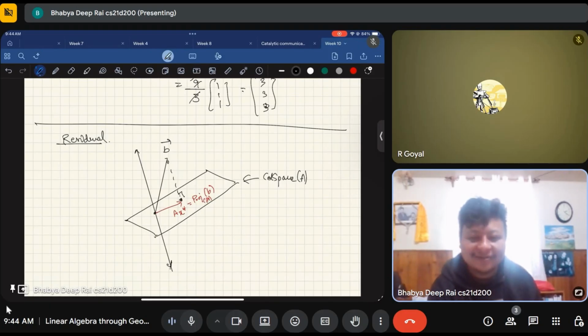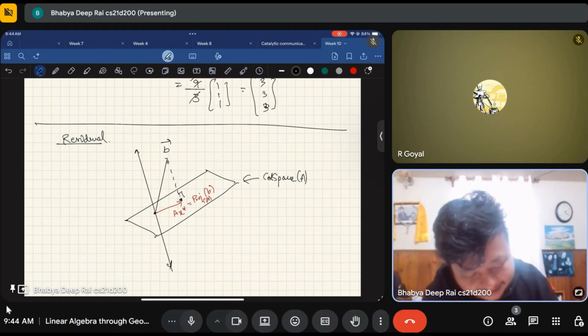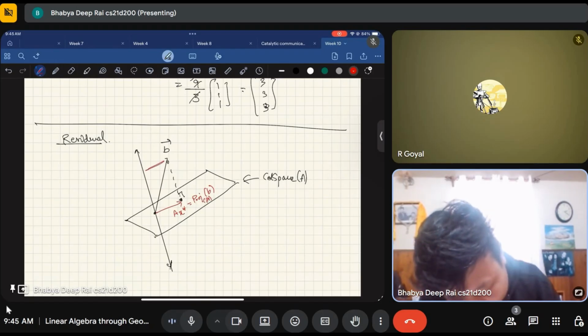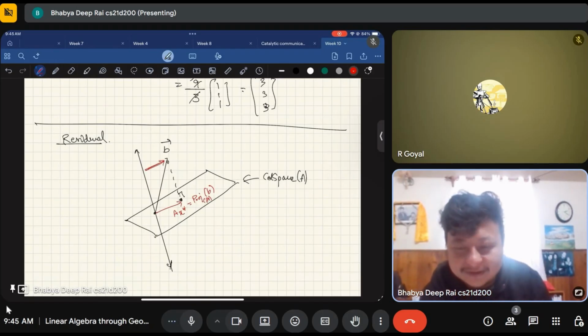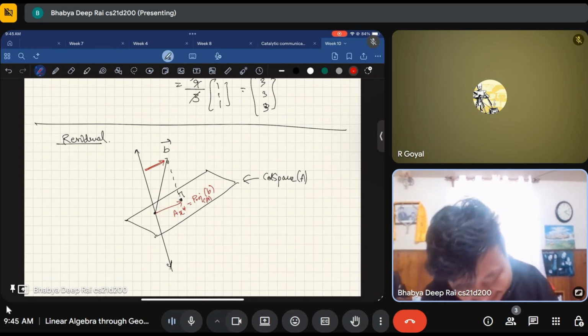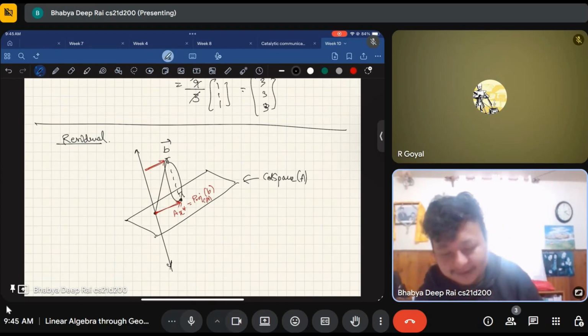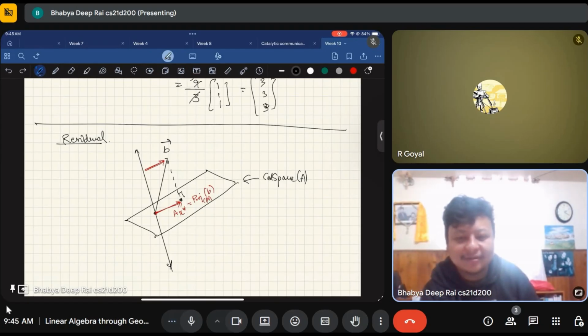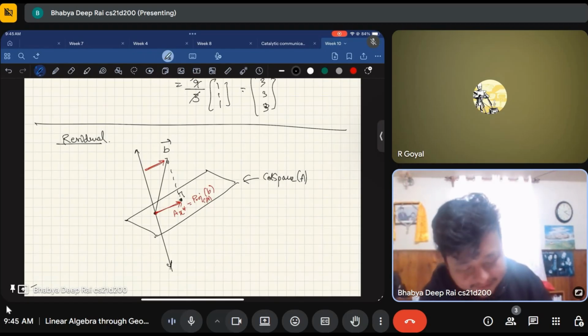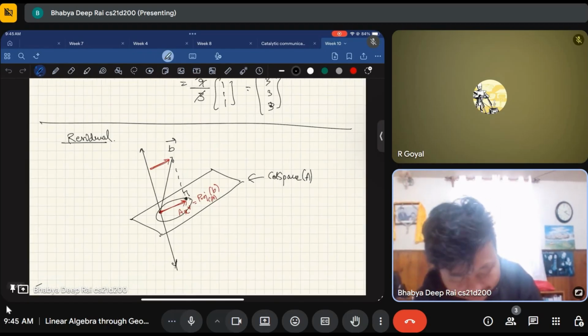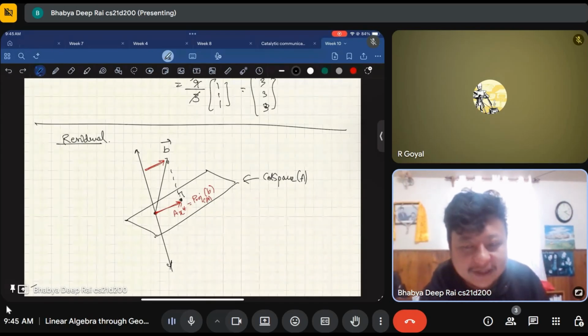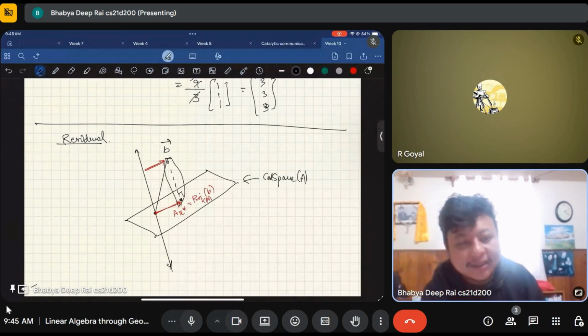All you need to do is observe that the distance b is from the origin in the horizontal component is the same as the distance that this Ax star, the projection, is in the horizontal component. So to get the vertical component, all you need is to subtract that horizontal component. If I subtract this Ax star, which I got from projecting onto the plane, all I'll get is the vertical component.